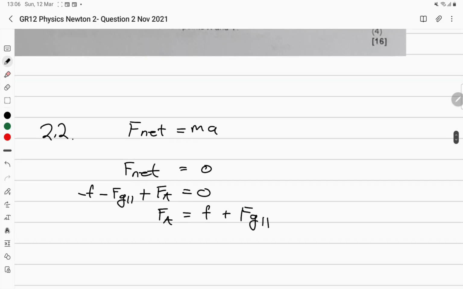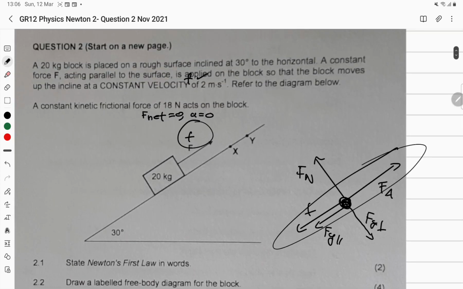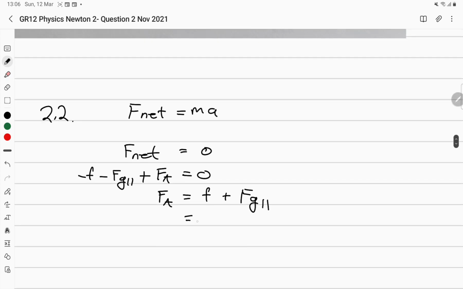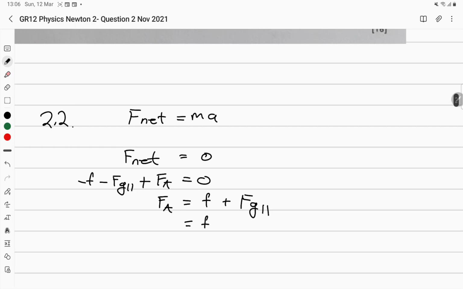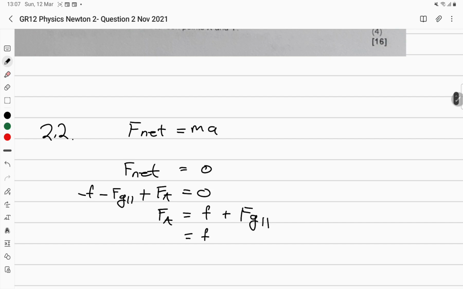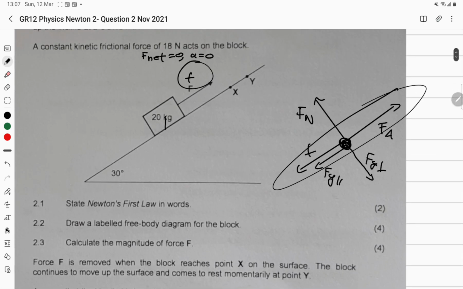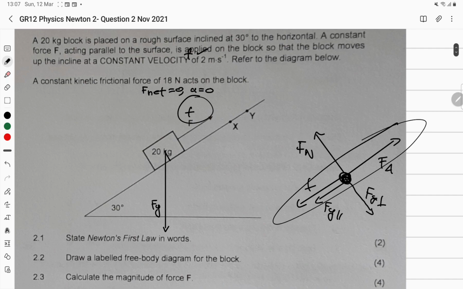They give us the frictional force as 18. But before we do that, I just want to break up this FG parallel into its components. If you look at the picture, remember we draw FG down like this, and then we draw in the FG perpendicular and your FG parallel.